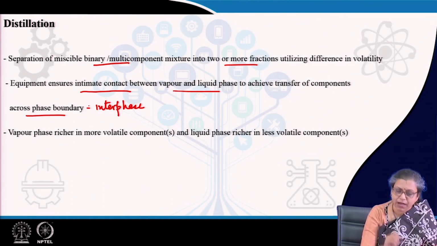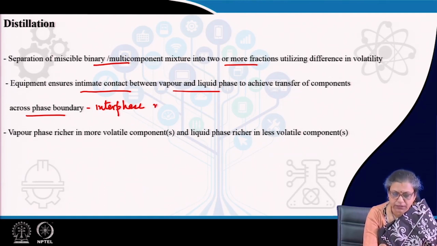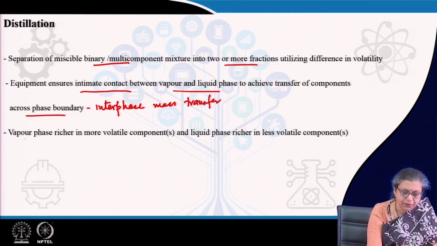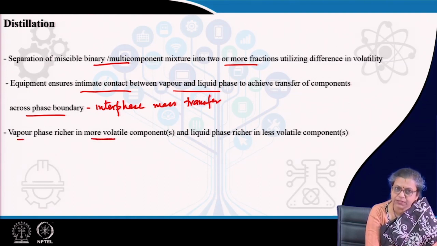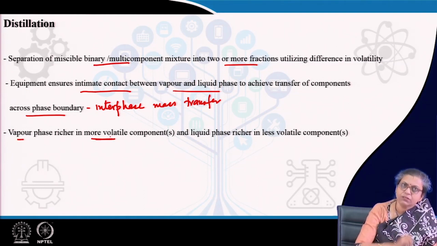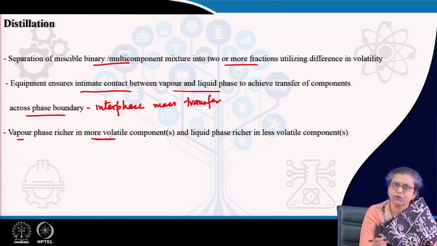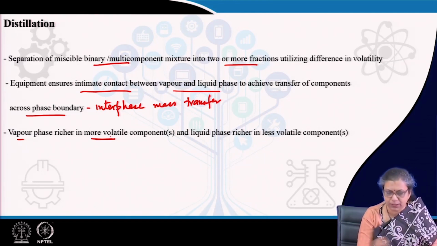So, the mass transfer which occurs, as I had already mentioned, is interphase mass transfer. As a result, the vapor phase becomes richer in the more volatile components, or in other words, the more volatile components cross the phase boundary from the liquid into the vapor phase, and the less volatile components cross the boundary from the vapor to the liquid phase.